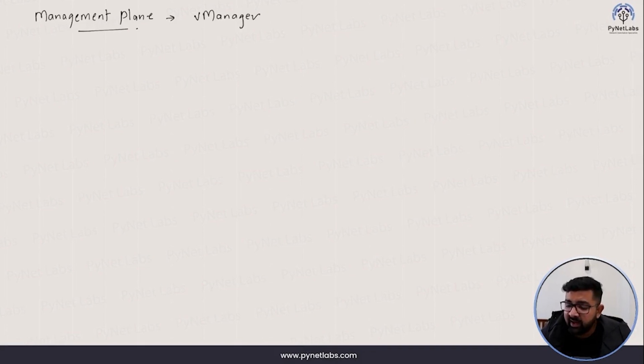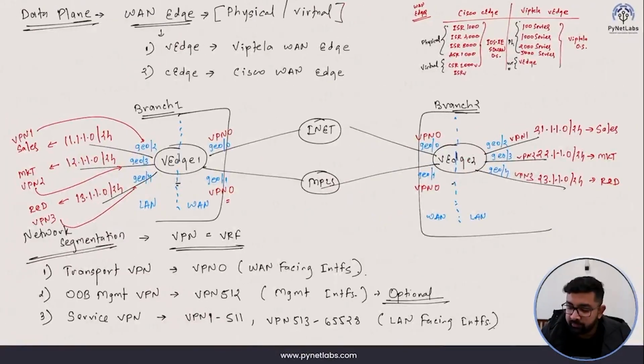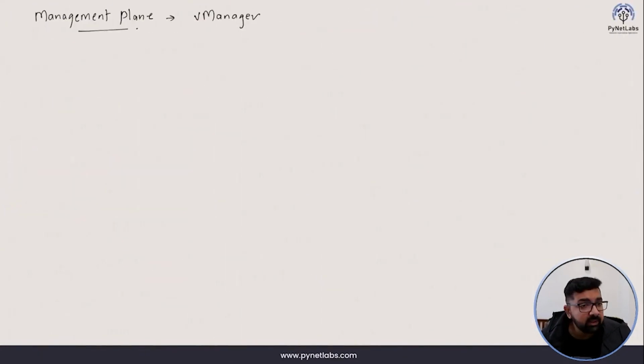Unlike the data plane, which is handled by WAN edges, which can be physical devices or virtual devices, the management plane in the SD-WAN fabric is completely virtual. There is no physical appliance that needs to be purchased from Cisco in order to implement the vManager component in the SD-WAN solution, right?